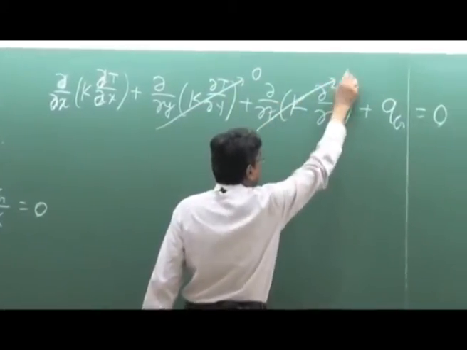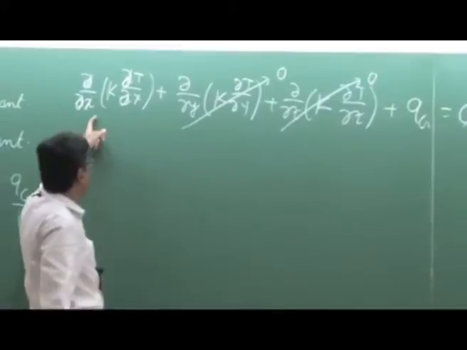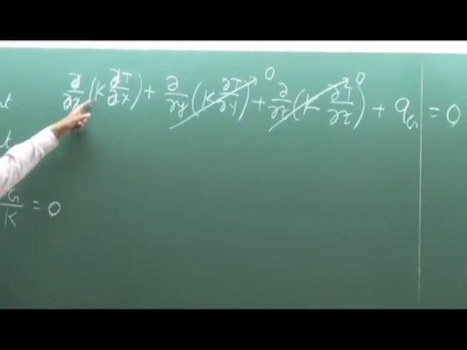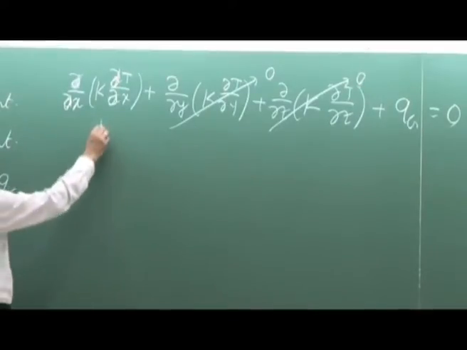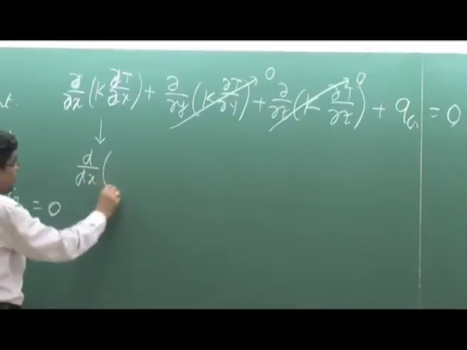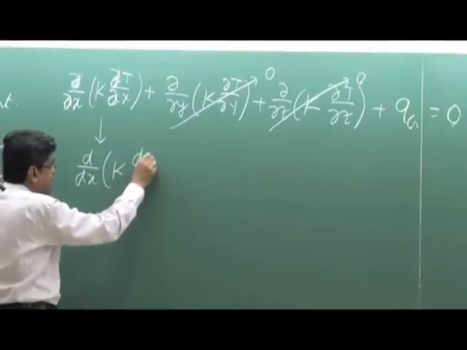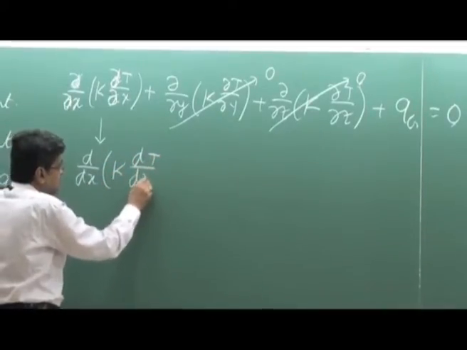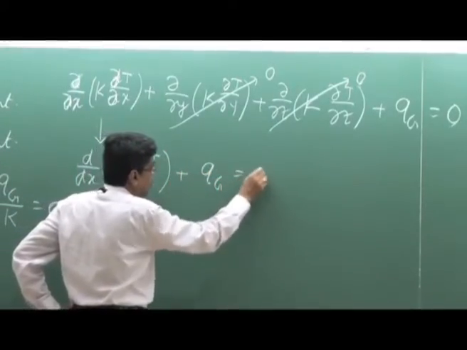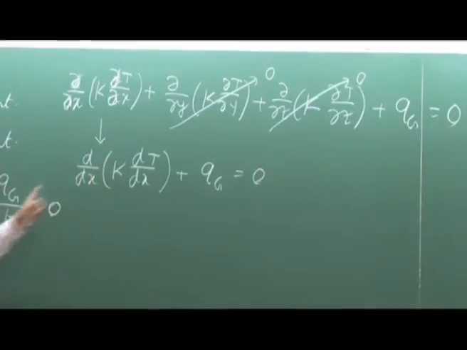Again I am doing this. There is only one term in the spatial derivatives, and for constant k the partial derivative becomes an ordinary derivative: d/dx of k dT/dx plus qg is 0, and when thermal conductivity is constant we come to this equation.